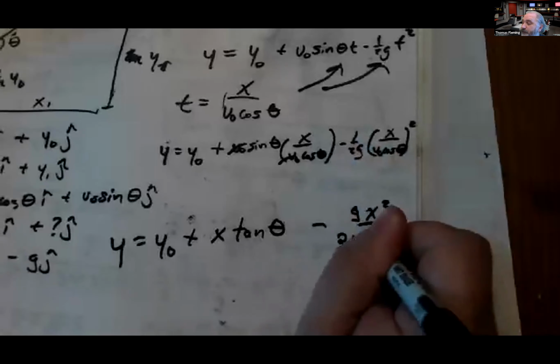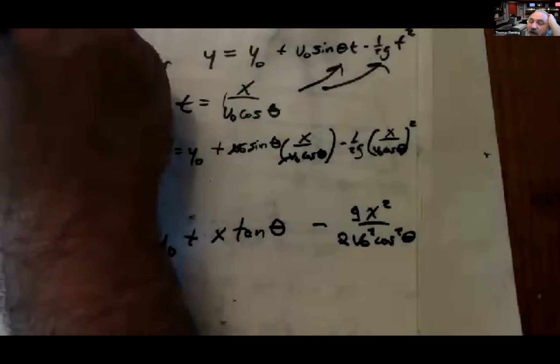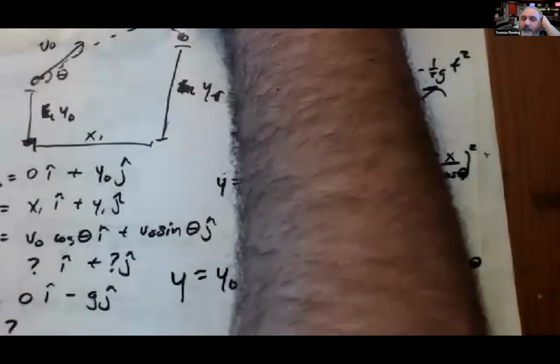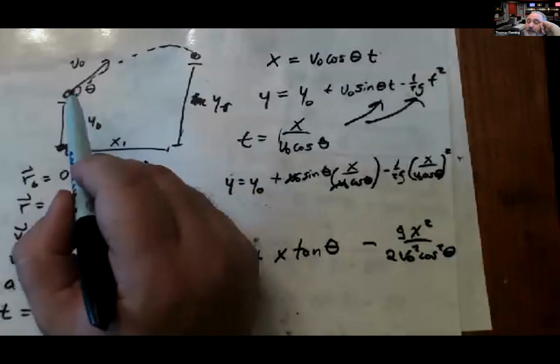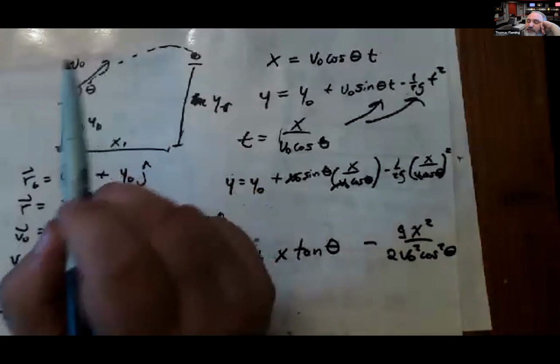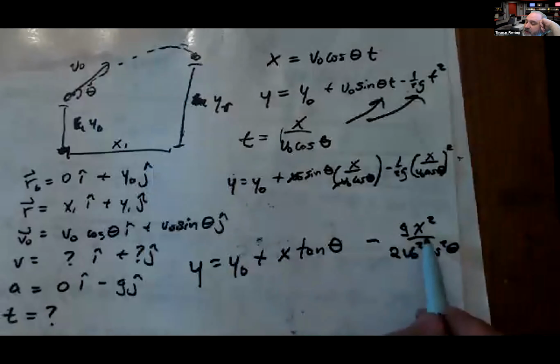But the reason I'm writing this out is because I want to make an observation about what this equation is doing so I can make some generalizations about how these things will behave. Because look what we just got. If I want to know the final position in the y direction, the final height of my projectile, it says that it is a function of how far sideways I go.